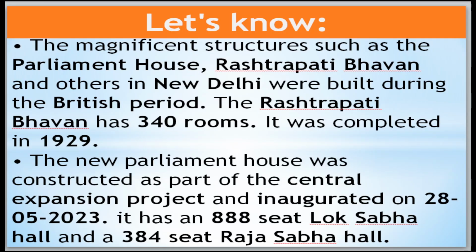Now we have the new parliament building. The new parliament house was constructed as part of the Central Vista expansion project and inaugurated on 20th of May 2023. How many seats are there? 888 seats for the Lok Sabha hall and 384 seats for the Rajya Sabha hall.